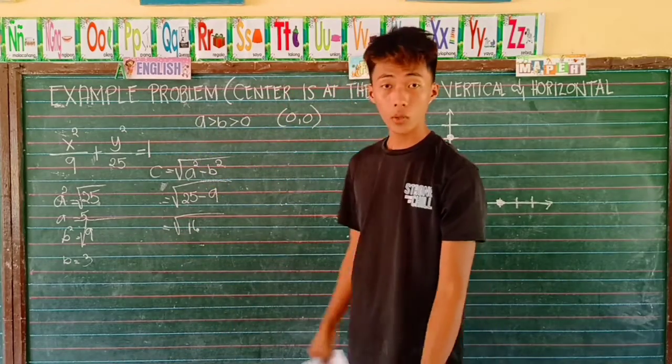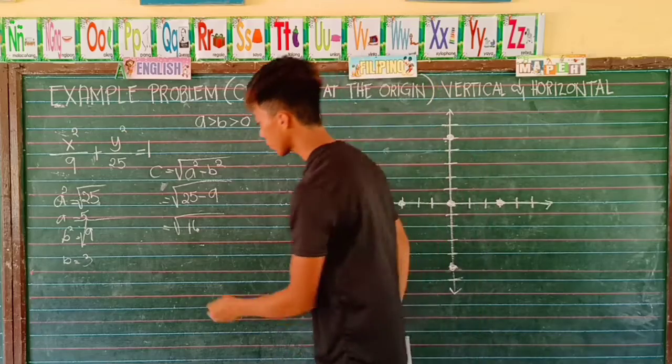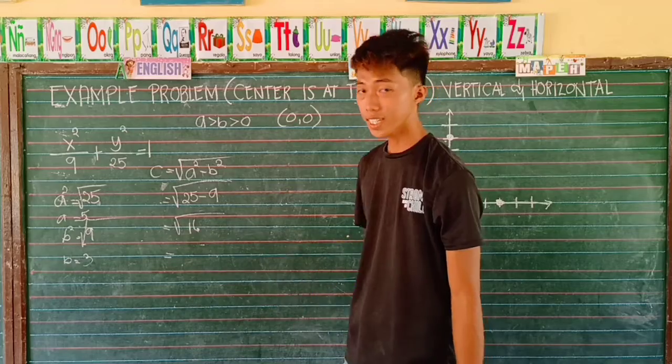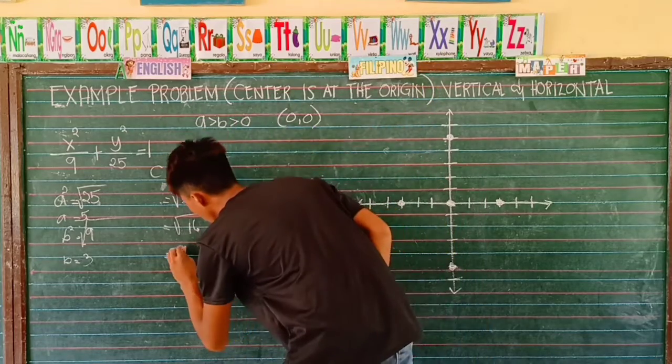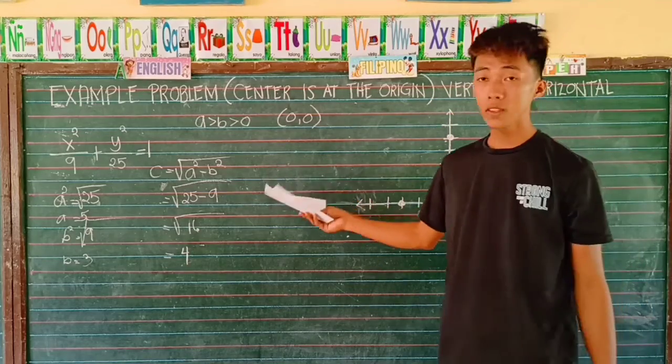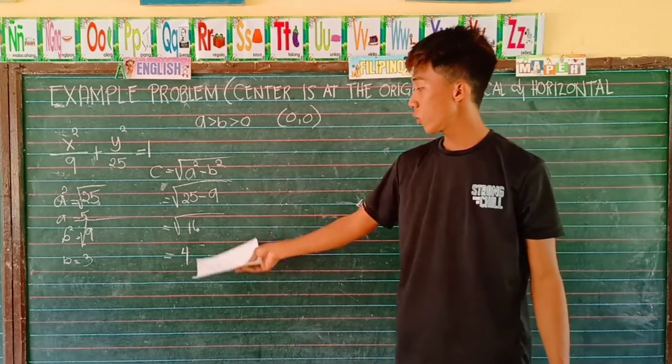Twenty-five minus 9 equals 16. The square root of 16 is equal to 4. And now, na-solve na natin ang value sa C. C is equal to 4.